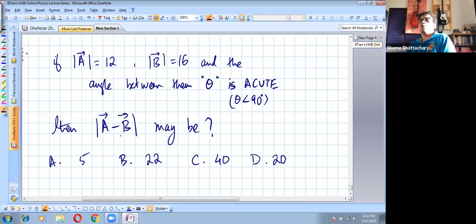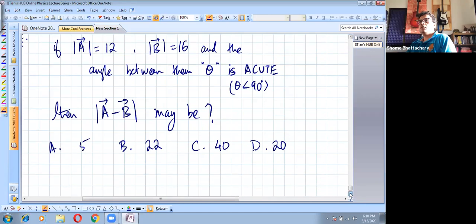Okay, but see, I have asked for mod of A minus B, not mod of A plus B. So first of all, you know that theta is between 0 degrees and less than 90 degrees.